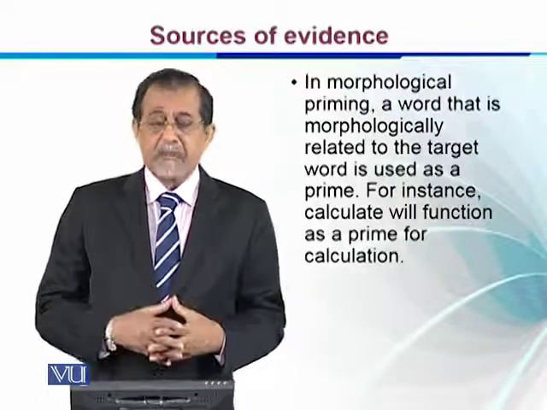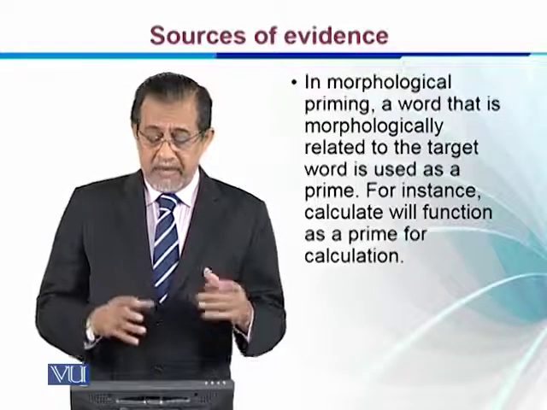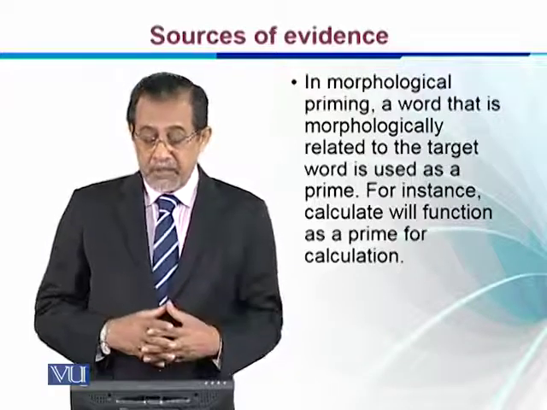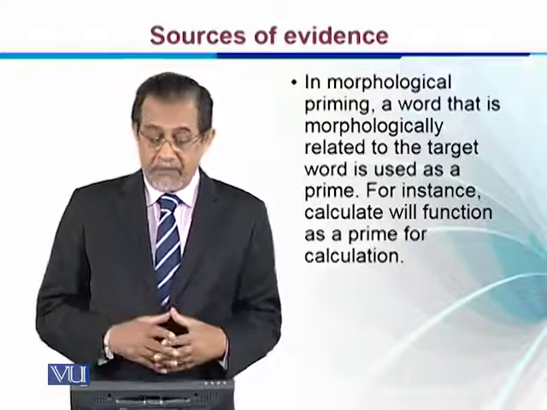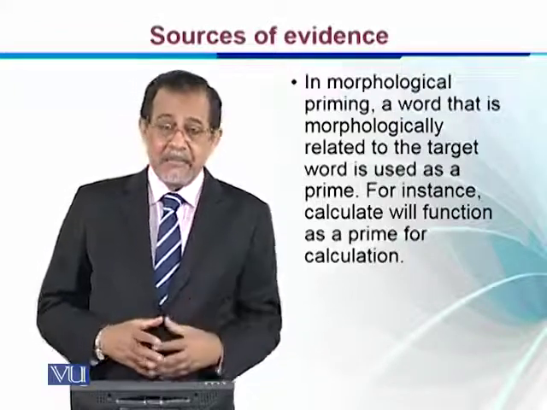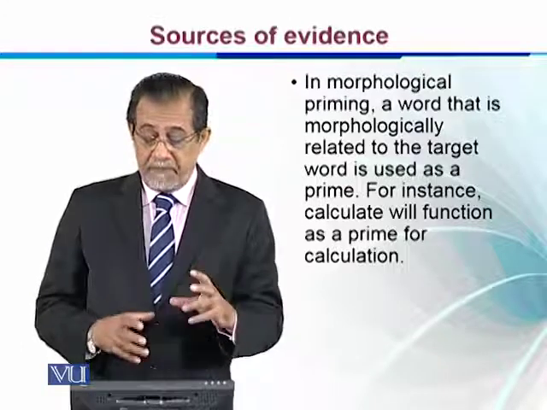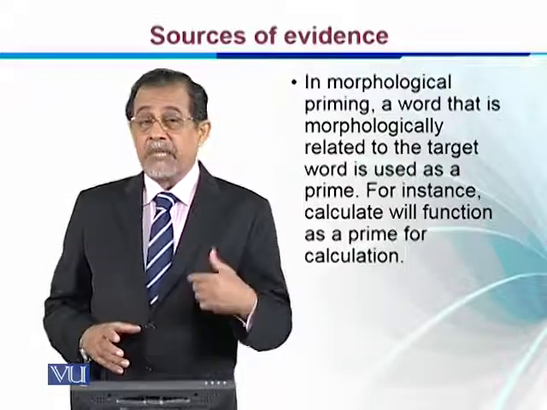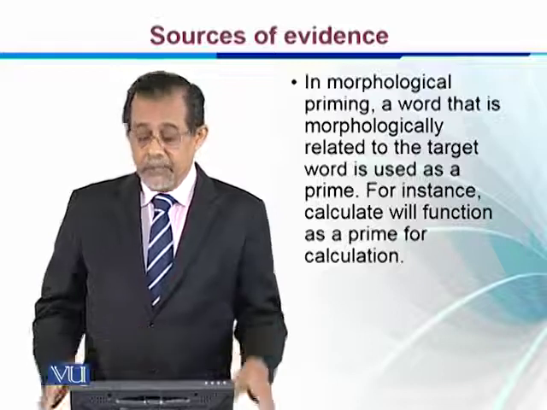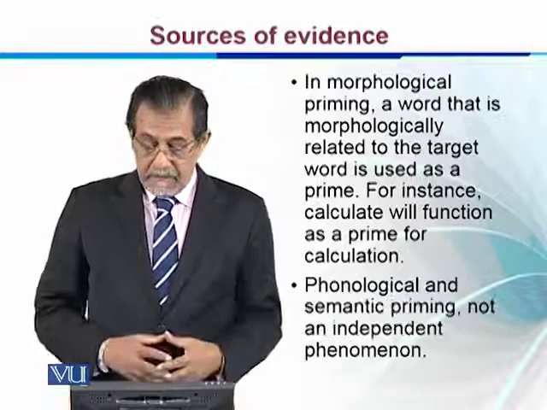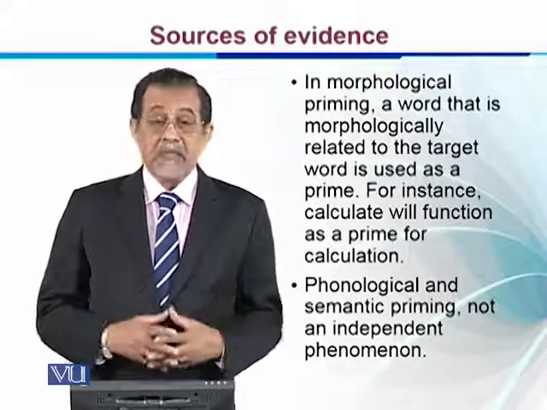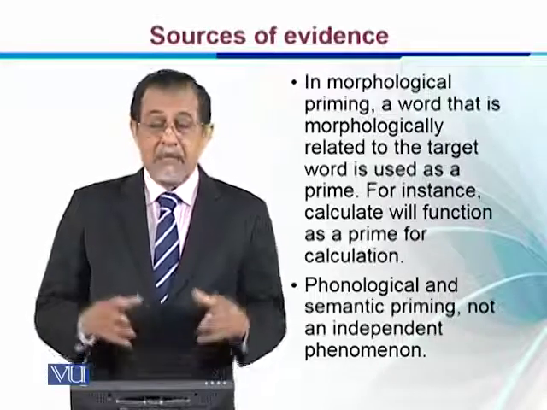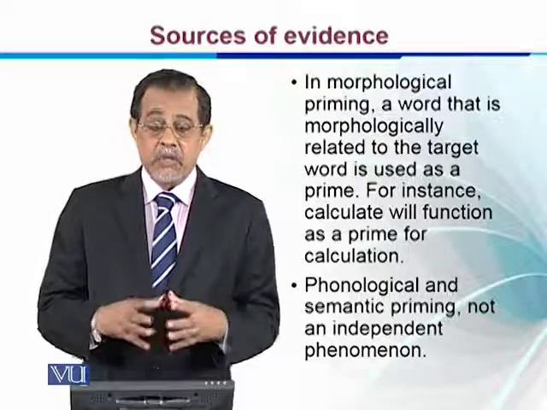In morphological priming, a word that is morphologically related to the target word is used as a prime. For instance, calculate will function as a prime for the word calculation, right? Phonological and semantic priming are not independent phenomena, they are connected with each other.